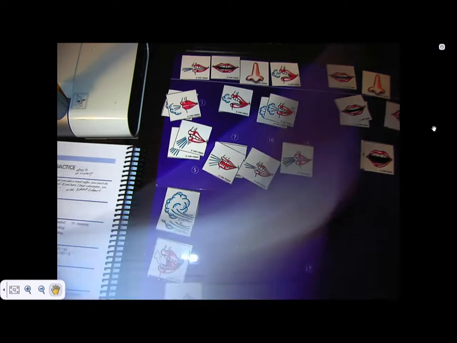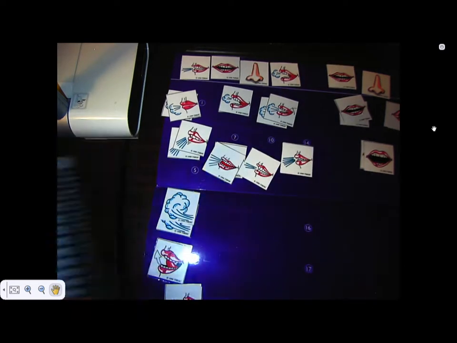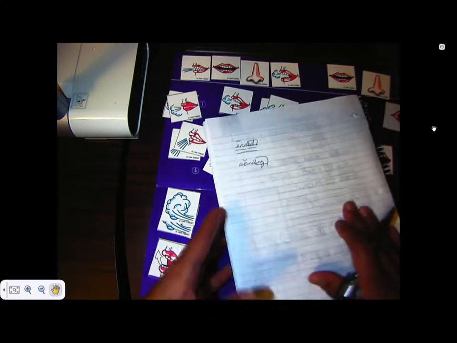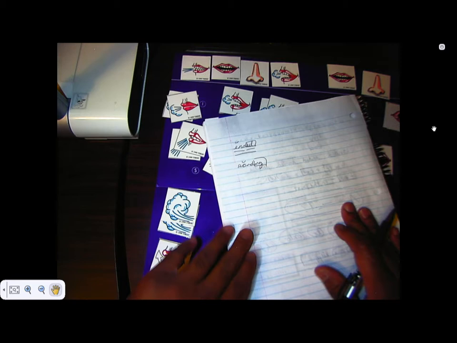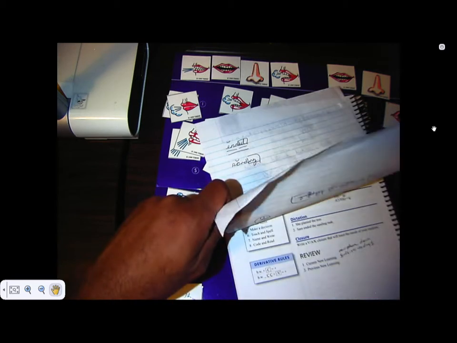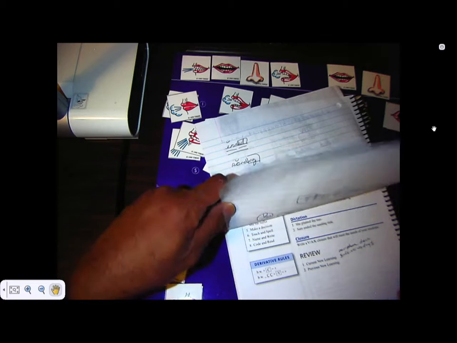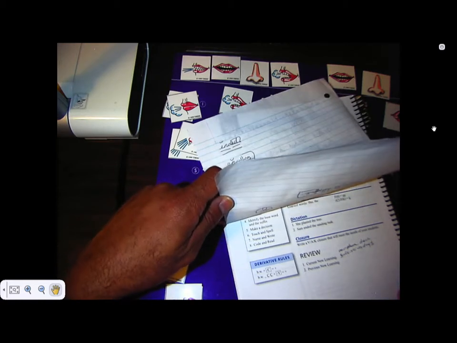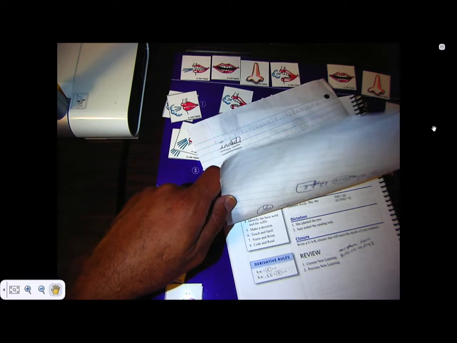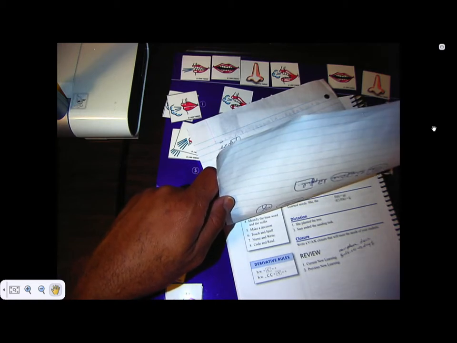And then I will show you the sentence correctly written. We will code the sentence. That means I will code my sentence written and you will code your sentence as well. You will code yours and we will read it to make sure what we have written matches what I said, okay? That's what we're looking for.